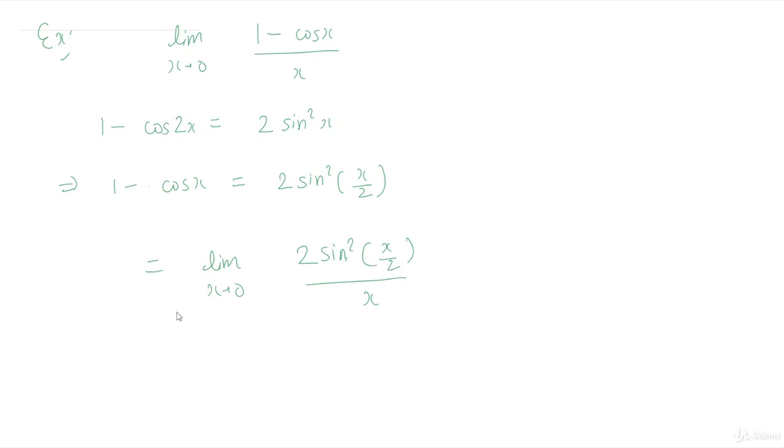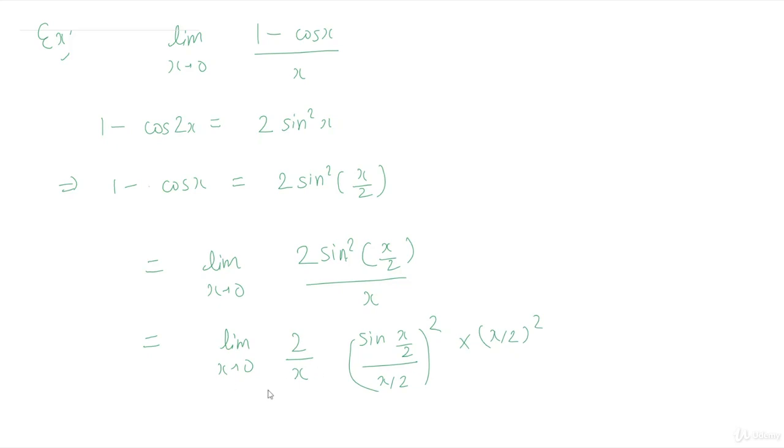So let's take this squared thing into consideration. Let us try to separate it in the form of sine x by x. This is sine x by 2 over x by 2, and this whole thing is squared. So x by 2 here, we multiply in the numerator and the denominator as well, right?